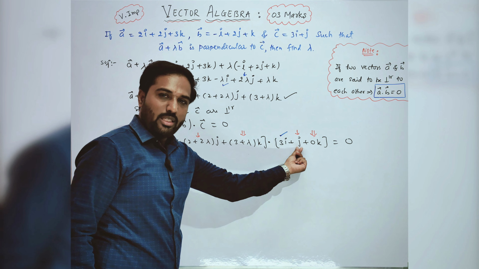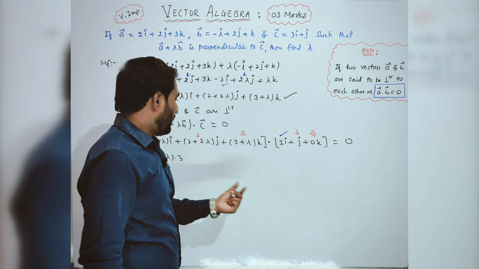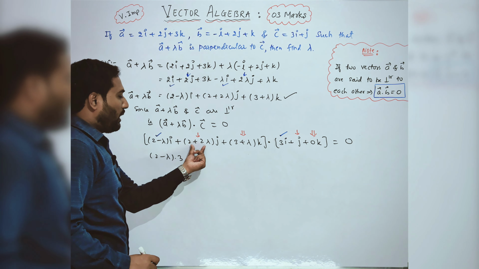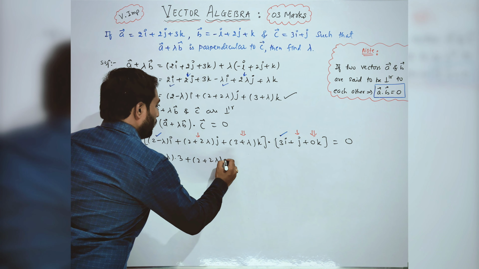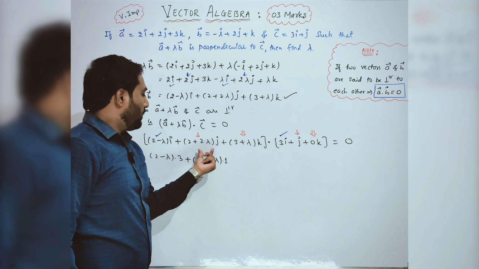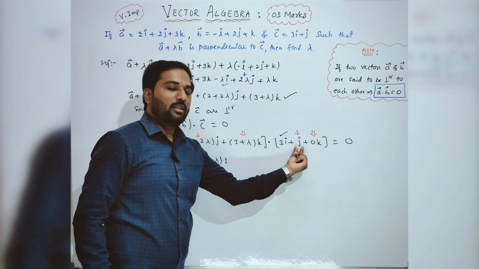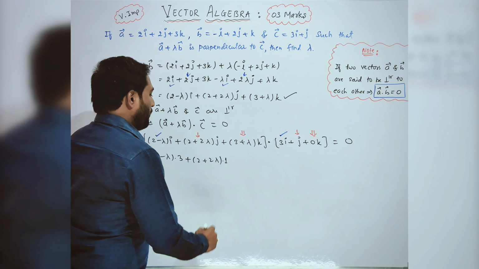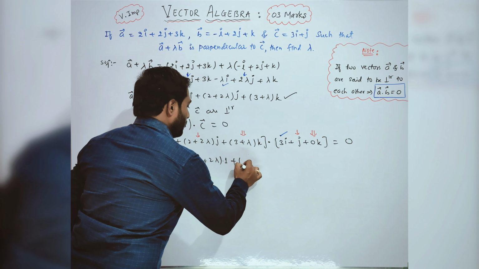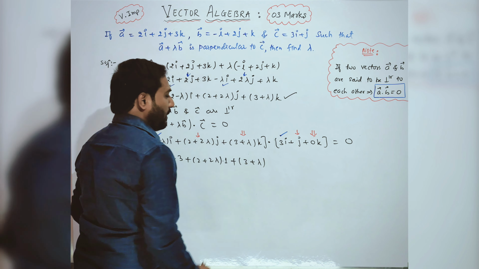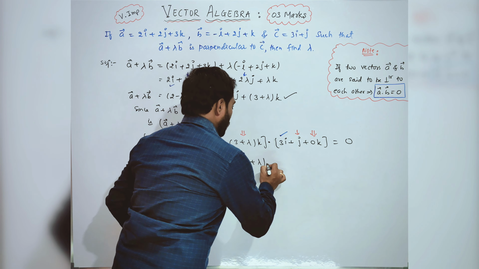If anything is not there, it will be 1j. So plus (2 plus 2 lambda) into 1. Again in between plus, the k coefficient is 3 plus lambda and the k coefficient of the other vector is 0.